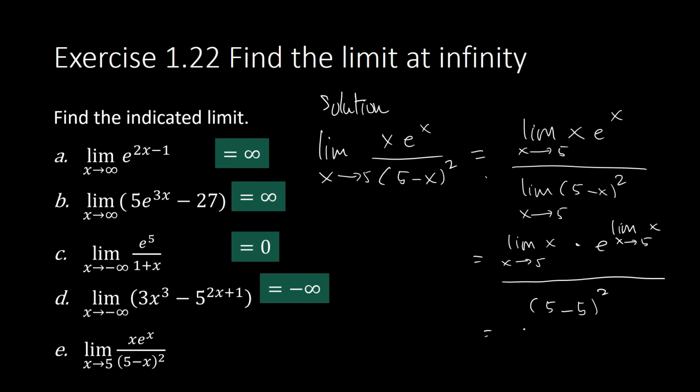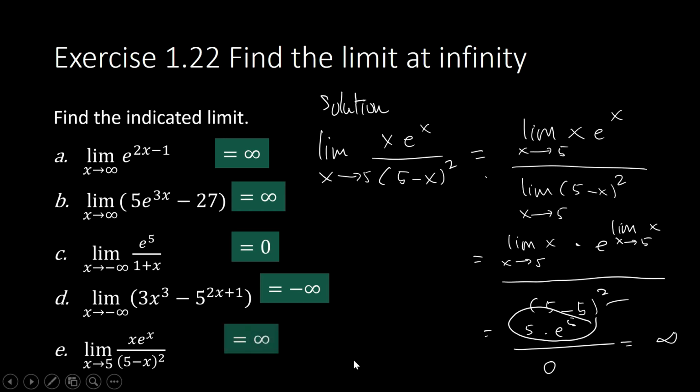So this is equal to the limit of x as x approaches 5, that is just 5 times e to the 5, and then divided by something that is approaching 0. So this is a constant divided by a quantity that approaches 0, and it is positive because it is raised to 2. This is equal to infinity. So the limit of this function is infinity.